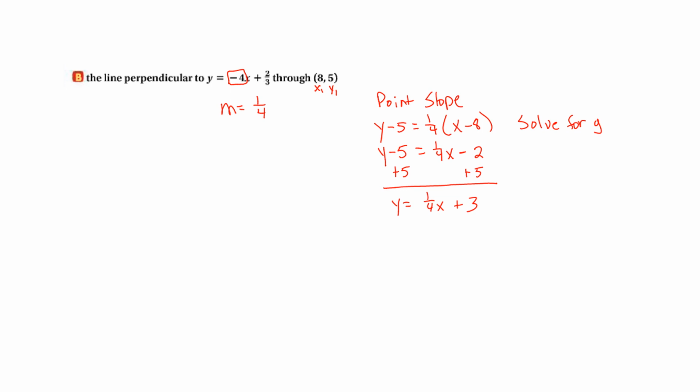So y equals negative 4x plus 2/3 is perpendicular to y equals 1/4 x plus 3 because their slopes are negative reciprocals.